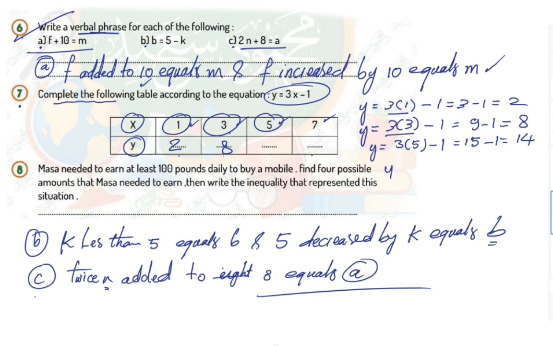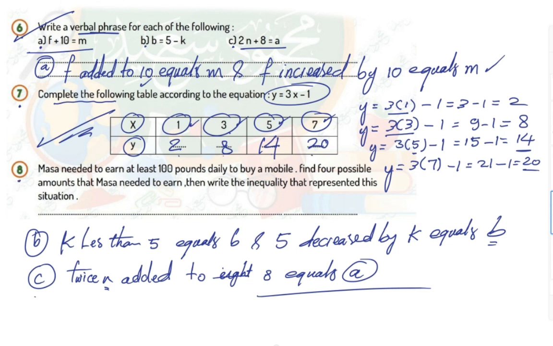Okay, last value of x equals 7. y will equal 3 times 7 minus 1, 3 times 7 is 21, minus 1, that equals 20. When x equals 5, we found the value of y is 14. So we continue this table.